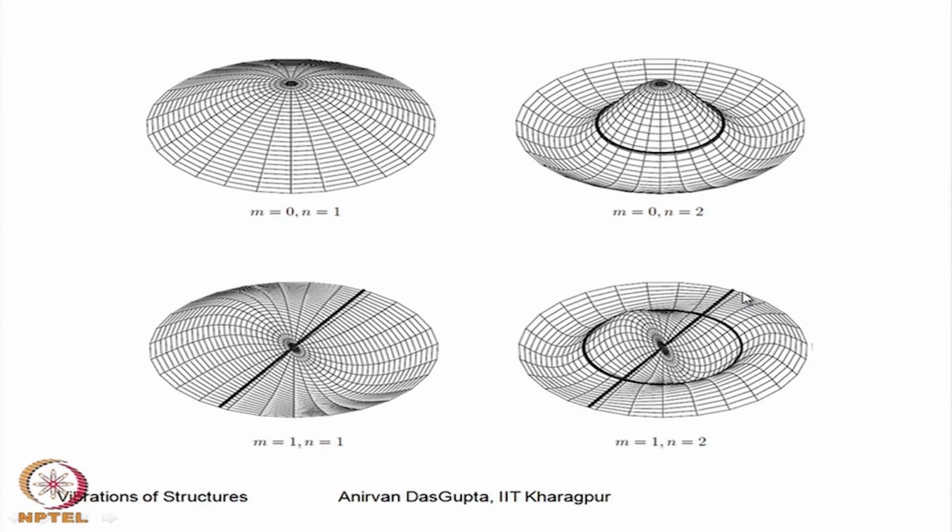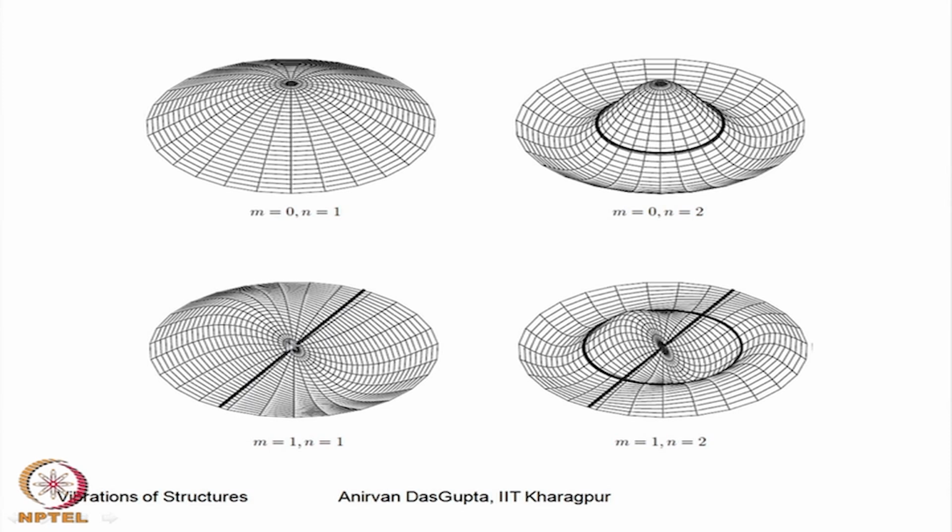Now, for m not equal to 0, say m equal to 1, these two modes are degenerate modes. Corresponding to omega 1 1, there are two eigenfunctions. How do these two eigenfunctions look? One is the cosine, the other is the sine, that is the only difference.